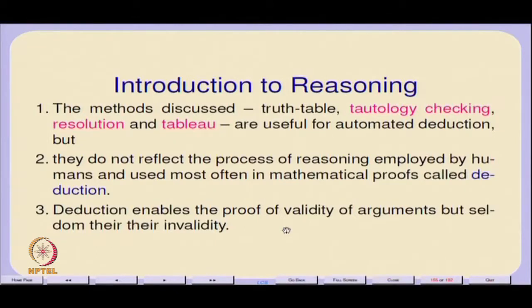So, essentially what we are talking about is validity of arguments again, but without a semantic model, completely described in syntax, right. But deduction enables proof of validity, but seldom enables proof of invalidity. Invalidity is still shown by constructing a model, a counterexample, and so we have to see what to do about that. Okay.